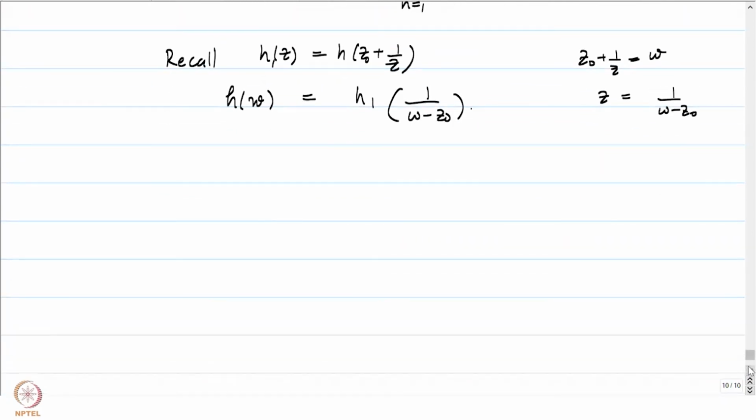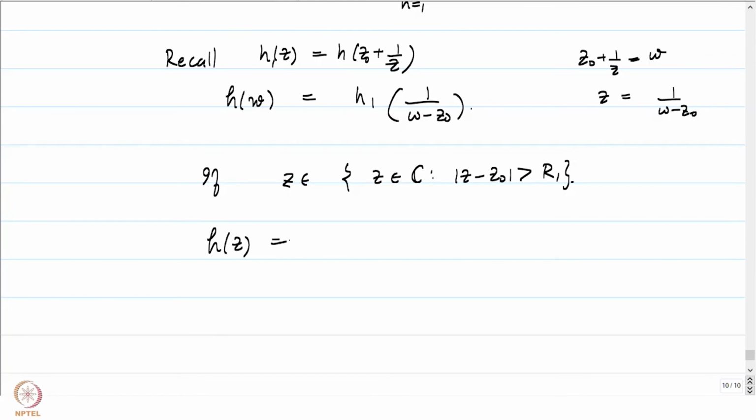So in particular, if z is in the set of all those points such that mod z minus z naught is greater than r1, then h of z is going to be equal to h1 of 1 by z minus z naught, which is perfectly in the valid domain of definition of h1. Notice that 1 by mod z minus z naught is going to be less than 1 by r1, and that's precisely where our h1 is defined to be.